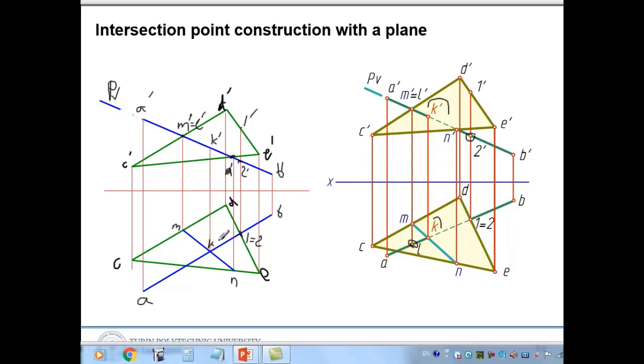So we found that the K point is here, and from this point it becomes hidden, and from point N that will be visible, and from here also point K, other from point 1 that became visible.